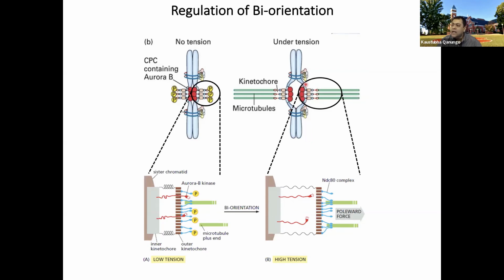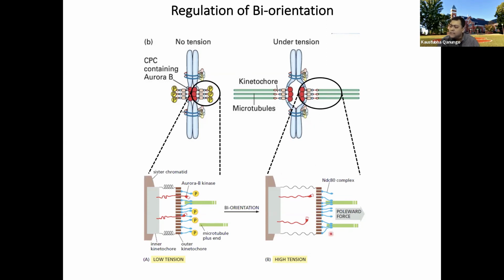At that time, due to the tension buildup, the Aurora B kinase becomes too distant from these outer kinetochore complexes. Here, they are very close. Now, the distance is elongated. You can see that this is the distance. Here, the distance increased to some extent.